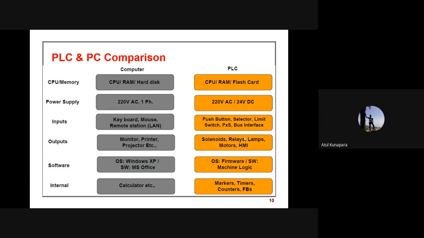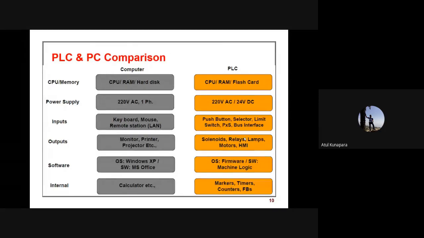In those we have very few input and output device handling capacity, whereas a PLC is able to have input or output devices in the number of thousands, and that's why it has a very large input and output handling capacity.